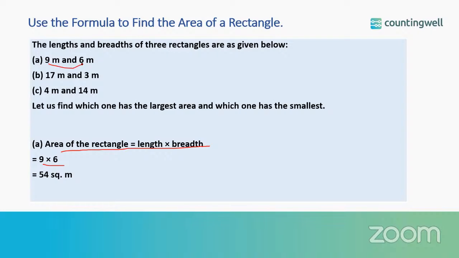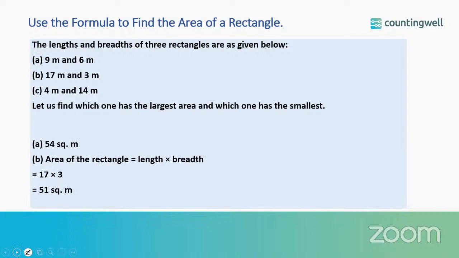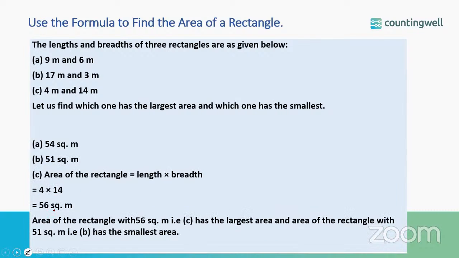You just have to multiply the length and the breadth, which is 54 square meters. Next, finding the area of the rectangle having length 17 meters and breadth 3 meters. So it is 51 square meters. Next, we have area of the rectangle having length and breadth as 14 meters and 4 meters. So the area is 56 square centimeter.